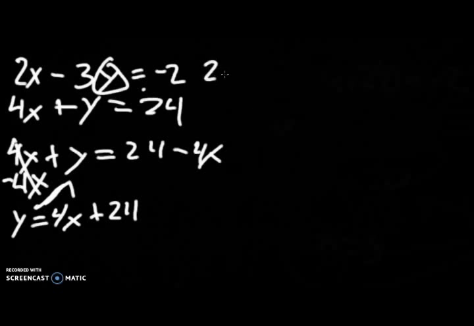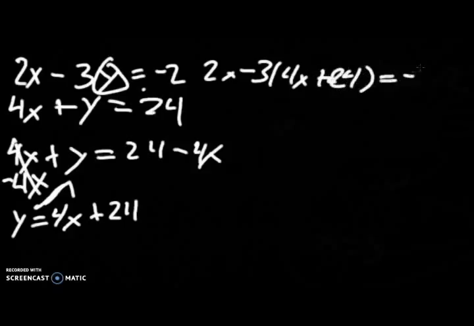So now it's going to become 2x minus 3 times (negative 4x plus 24), and that all equals negative 2. Now this is going to come out to be 14x minus 72, which equals negative 2.